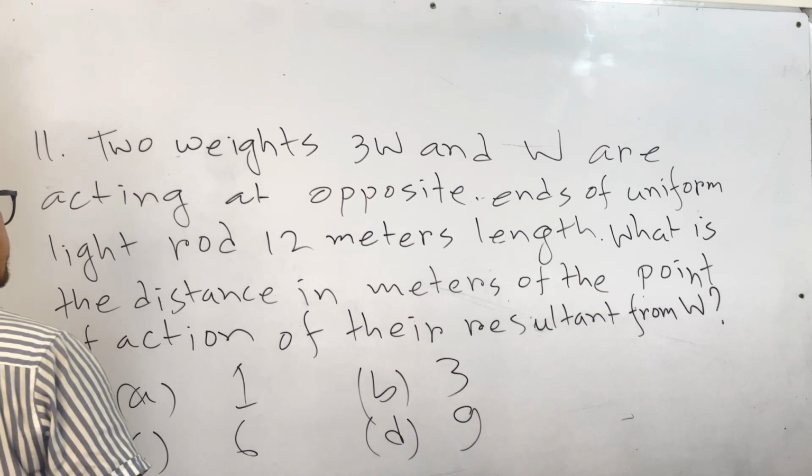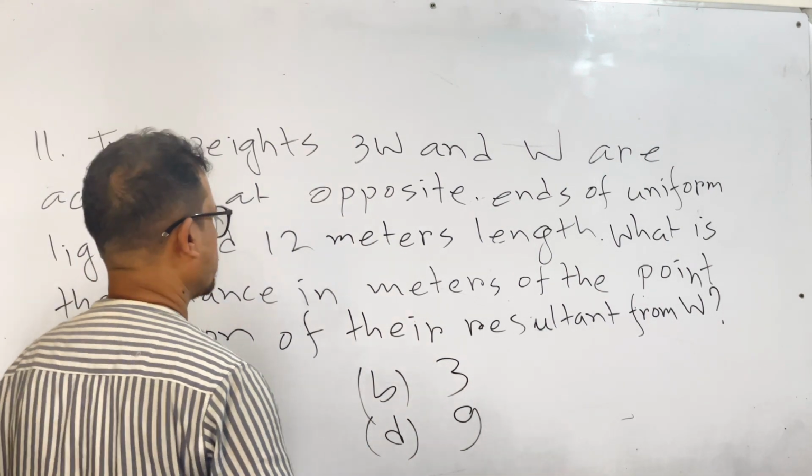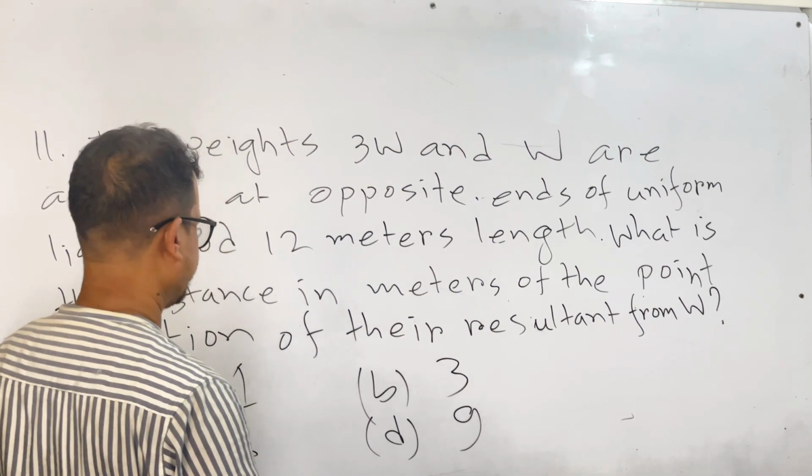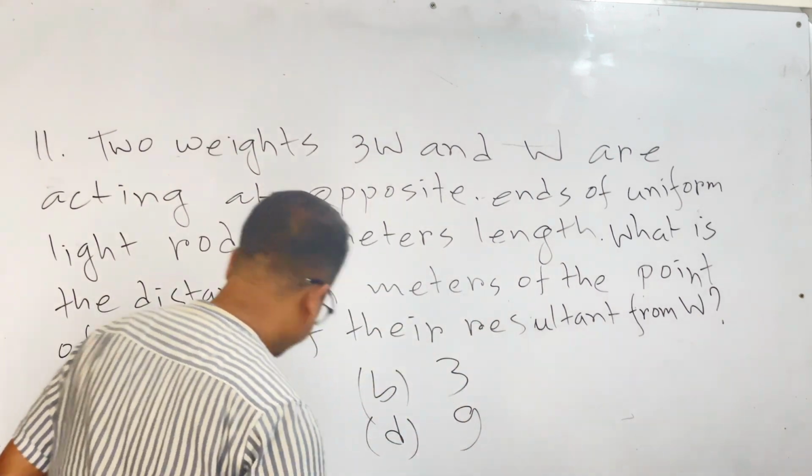What is the distance in meters of the point of action of the resultant from W? 1, 3, 6, 9. Now 12.